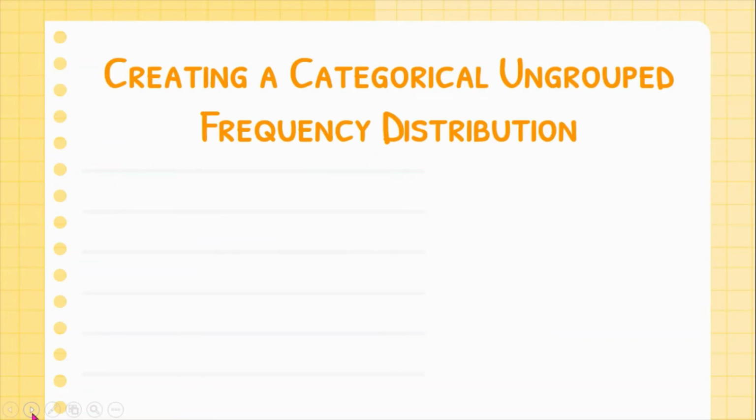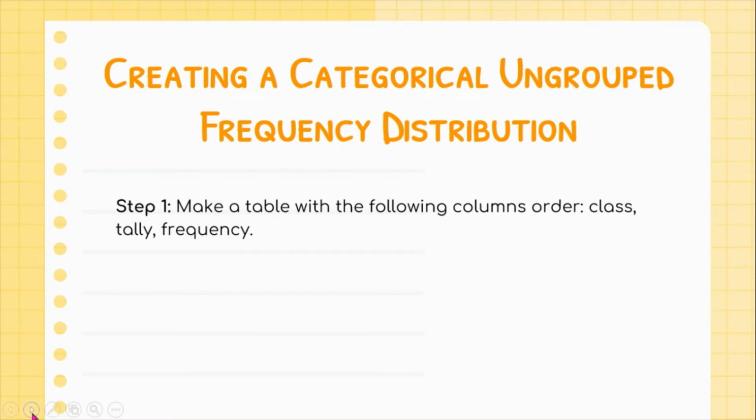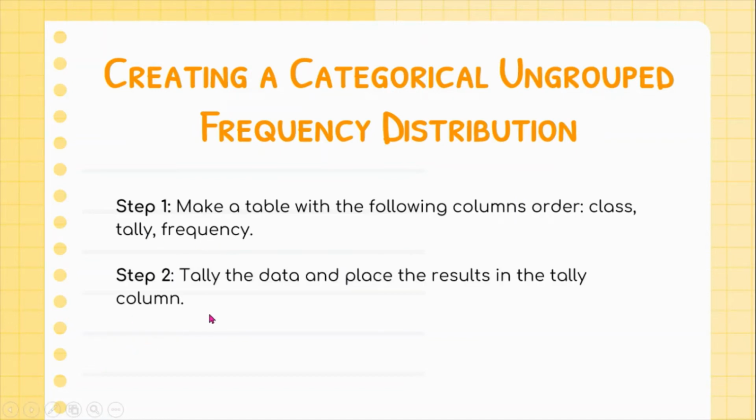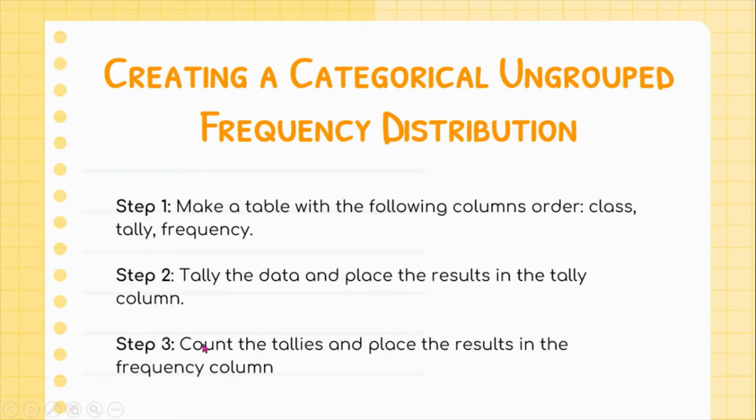So these are the steps in creating a categorical and grouped frequency distribution. Step 1, make a table with the following columns in order: class, tally, frequency. Step 2, tally the data and place the results in the tally column. And lastly, count the tallies and place the result in the frequency column.